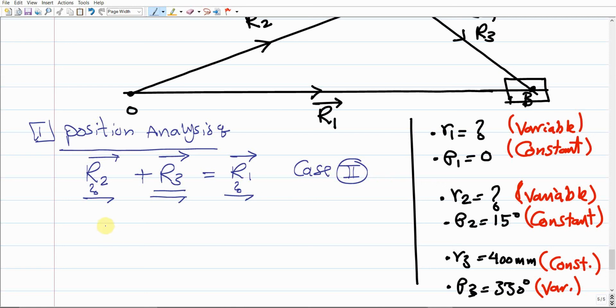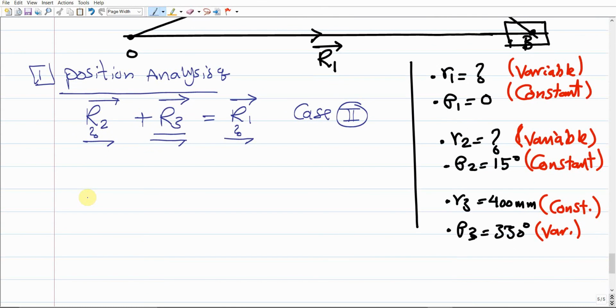Then what we're going to do is stick to the procedure. Each one of these is represented in terms of its exponential form. So we're going to have R2 e^(i theta 2) plus R3 e^(i theta 3) equals R1 e^(i theta 1).